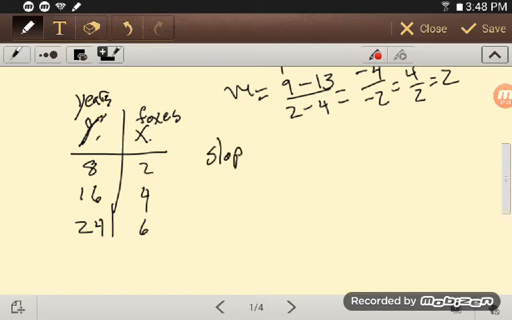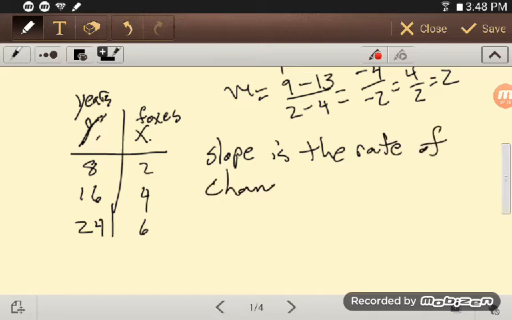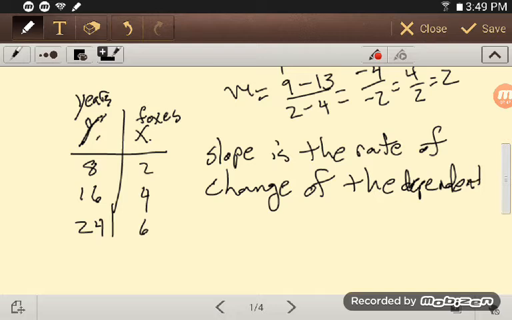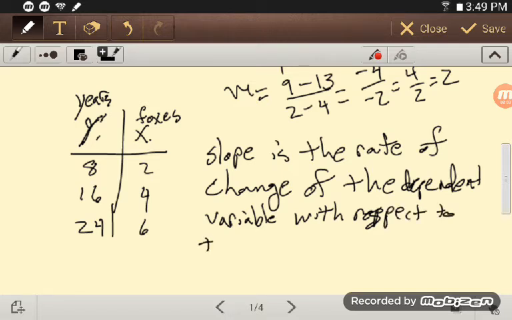Slope is the rate of change of the dependent variable with respect to the independent variable.